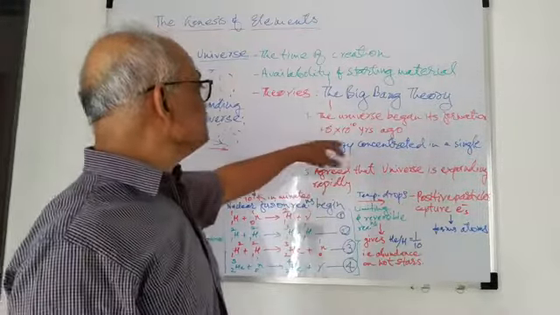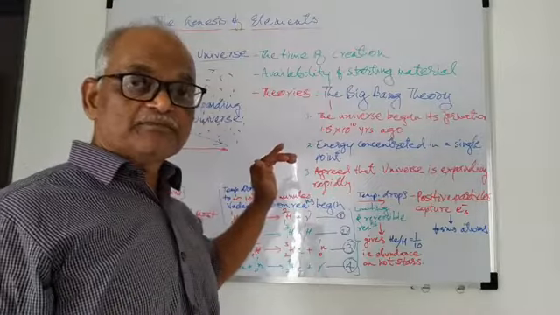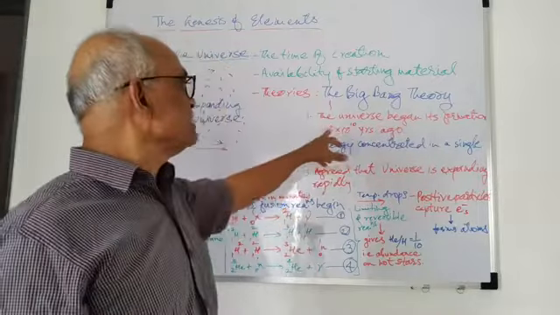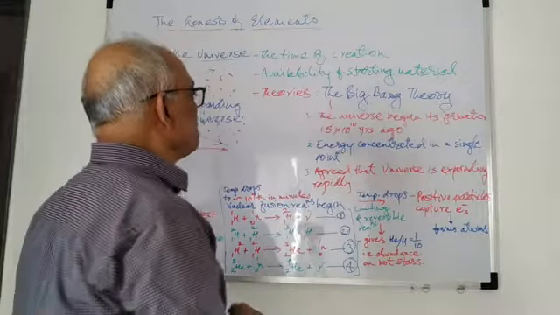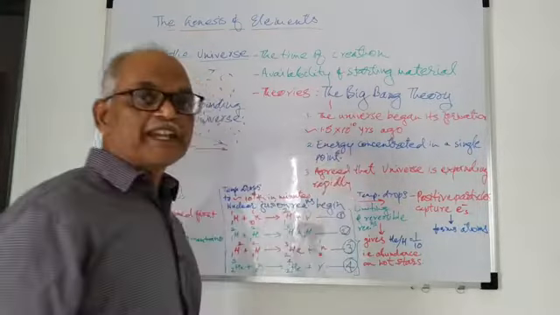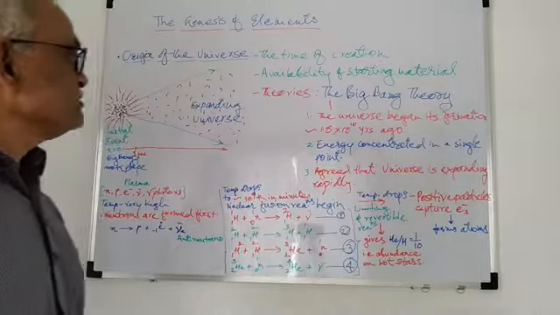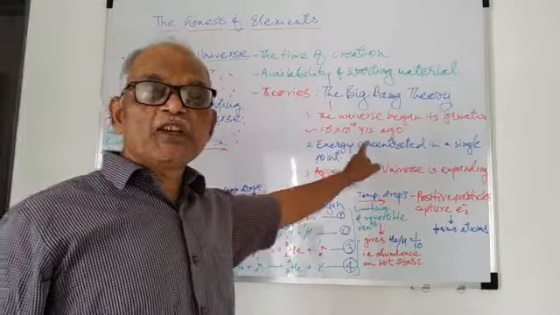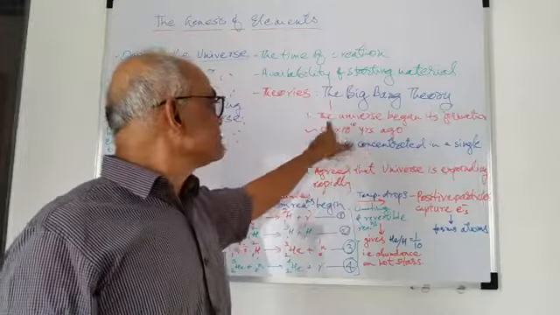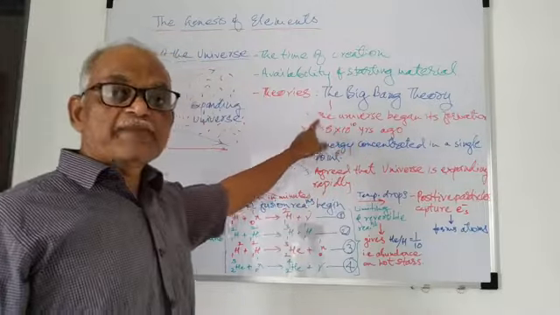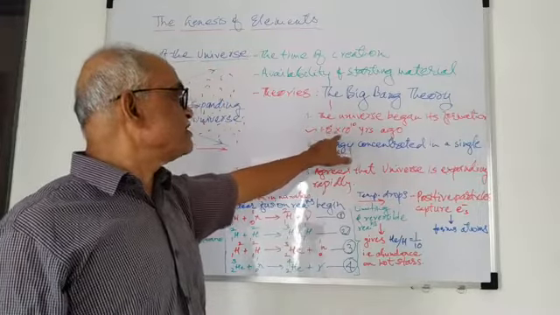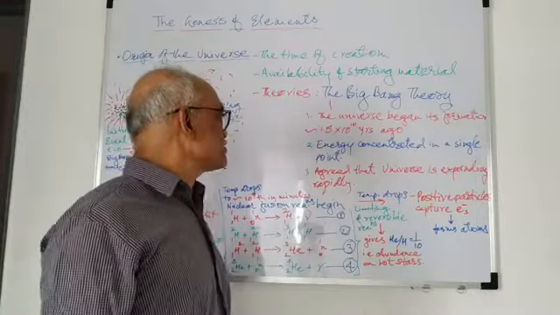Now this theory tells us that the universe began its formation about 1.8 into 10 raised to 10 years ago. So the beginning of the universe is assumed to have taken place at such a long time, that is 1.8 into 10 raised to 10 years.